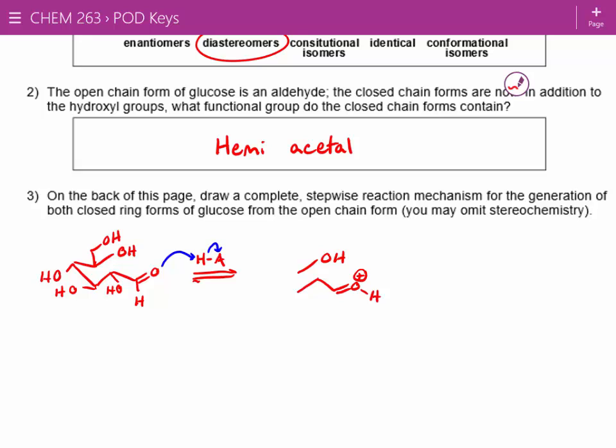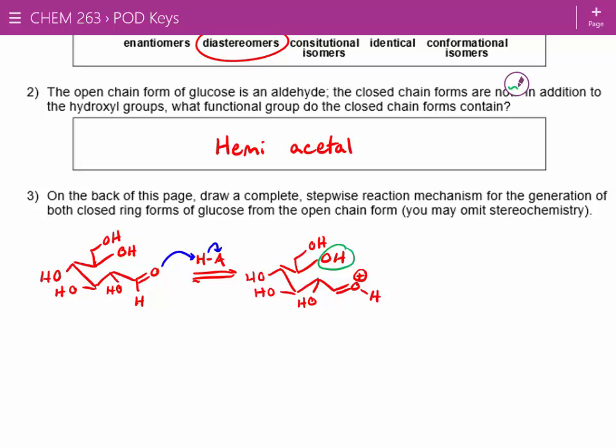That gives it a positive charge. And we've still got these hydroxyl groups. All right, and then the key is this alcohol is going to be the nucleophile. Why? Because it's the closest proximity.